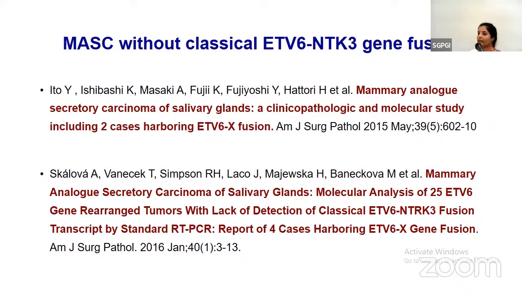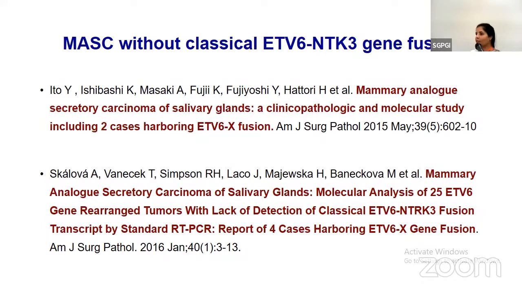This is a series in which they did molecular analysis of 25 cases, and out of that they found 4 cases that harbored ETV6-X gene fusion, and there were 2 cases in which they found the partner to be NTRK1 and 2.